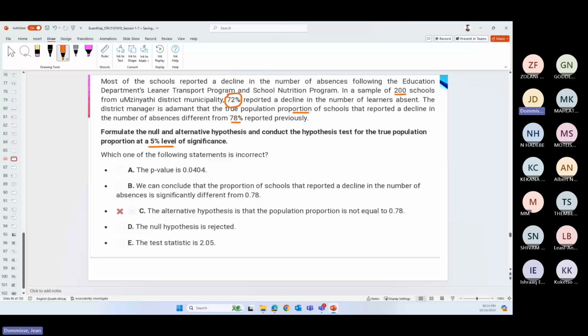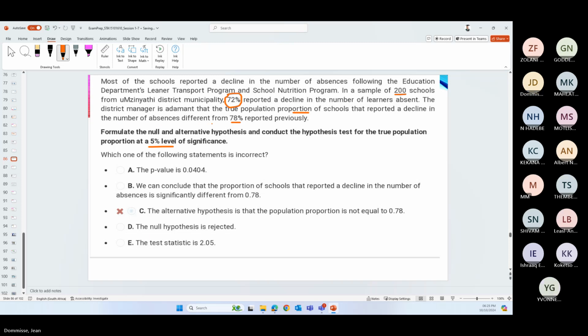Okay, so the district manager is adamant that the true population proportion of schools that reported a decline in the number of absences is different. We're not saying more, we're not saying less, it's different.